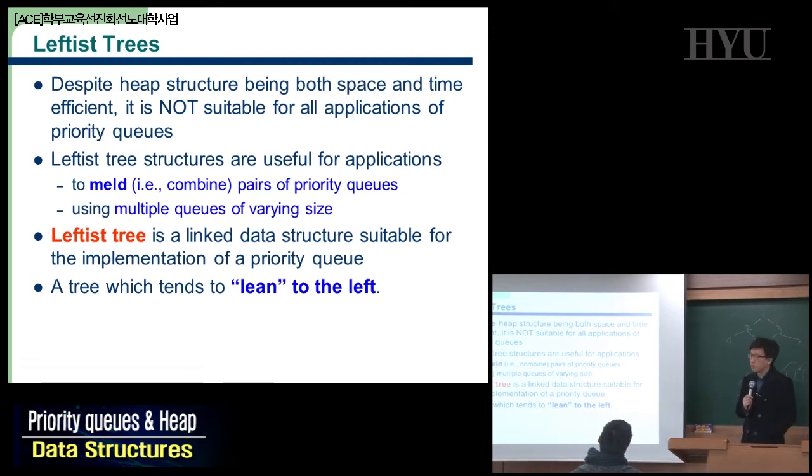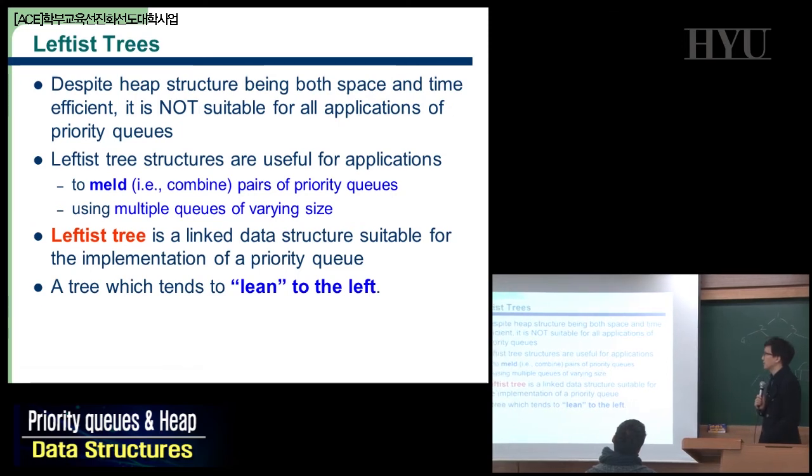Leftist tree structures are useful for applications like to meld, combine a pair of priority queues, using multiple queues in varying size. Sometimes you may need more than one queue with a different size. Then if you want to combine those, a leftist tree is a good example for that. We didn't take a look at any multiple queue examples yet. The closest one that we have discussed is probably the supermarket one.